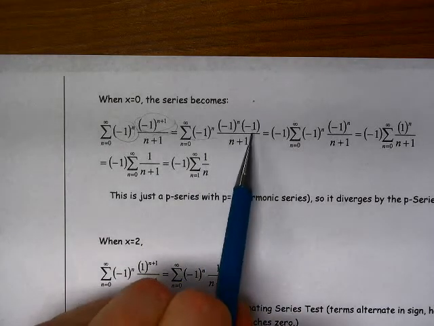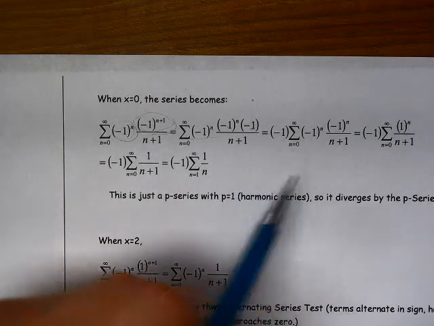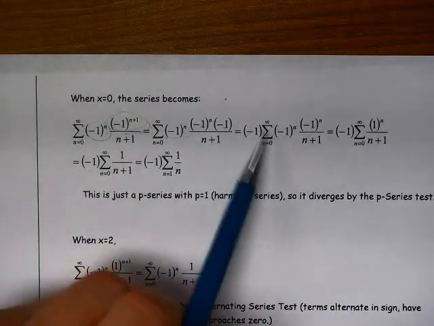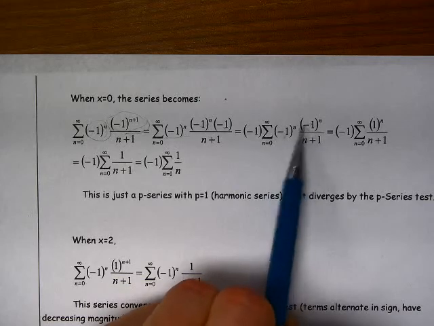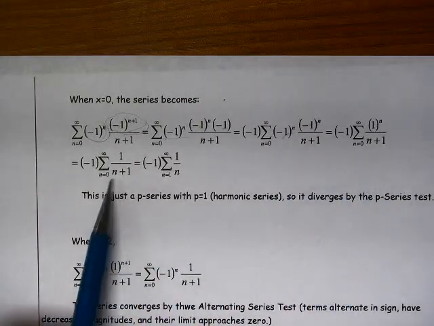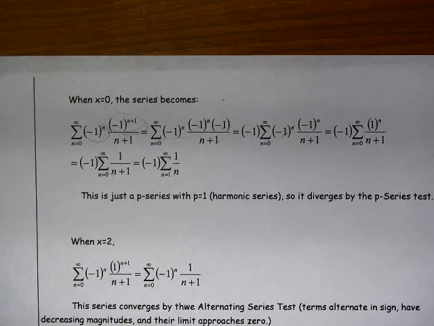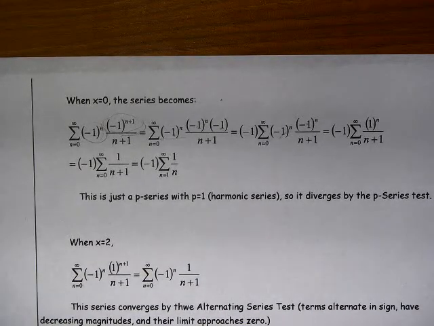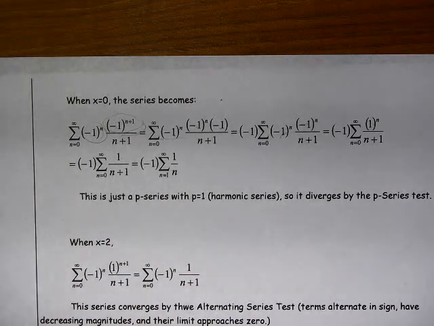Now, this negative 1 doesn't depend on n at all, so I can bring it out in front of the summation. Negative 1 times negative 1 to the n, to get 1 over n, which is just 1, and that denominator is n plus 1. We can rewrite that as a new series starting with n equals 1 rather than n equals 0.